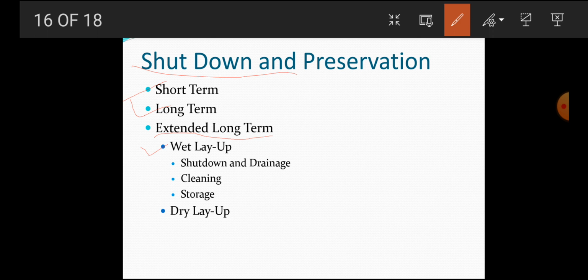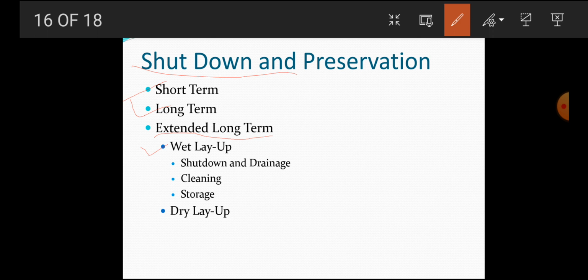Wet storage simply means filling the boiler completely with chemically treated water. So we need to fill the boiler with chemically treated water, then close all the valves and carefully monitor the quality of water during the layup period.